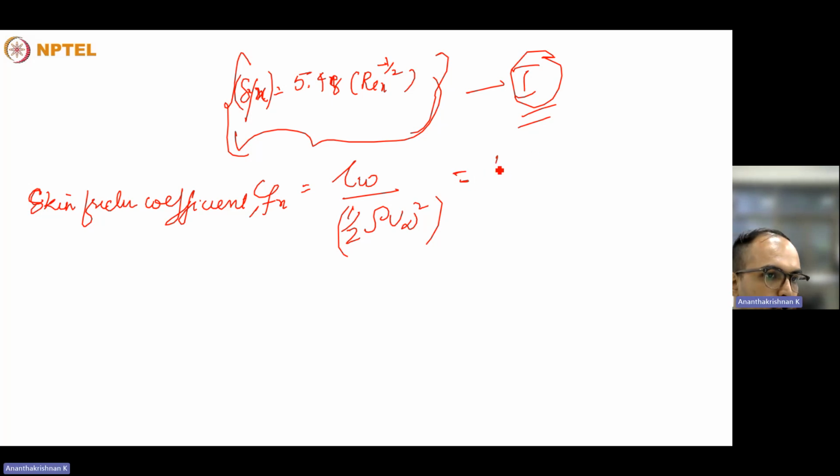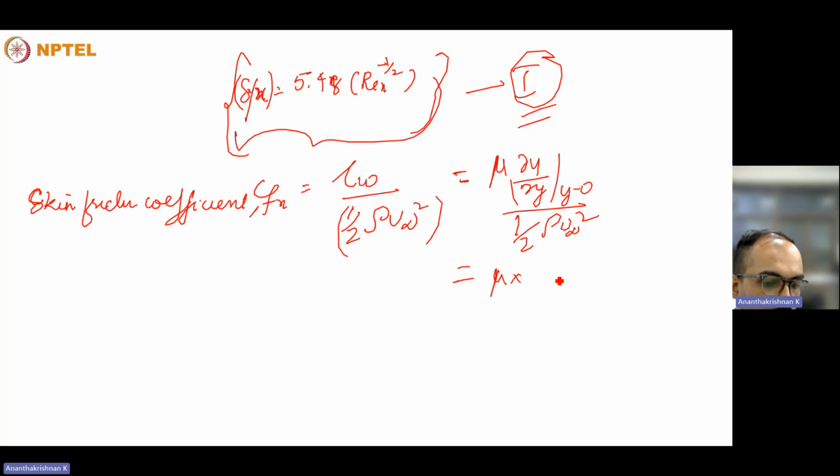So shear stress at the wall is equal to mu dou u by dou y at y equal to 0, divided by half rho u infinity squared. This you can directly get from the velocity profile: mu into dou u by dou y at y equal to 0. We have already determined 2 by delta of u infinity, divided by half rho u infinity squared.